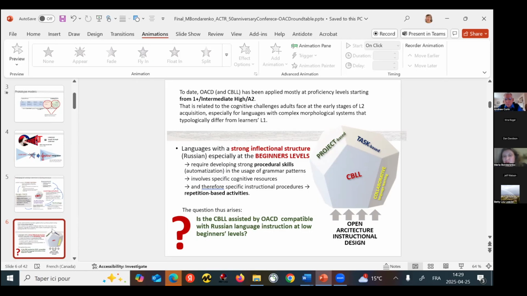Languages with a strong inflectional structure, like Russian, especially at the beginner's level, require developing strong procedural skills in the usage of new grammar patterns.